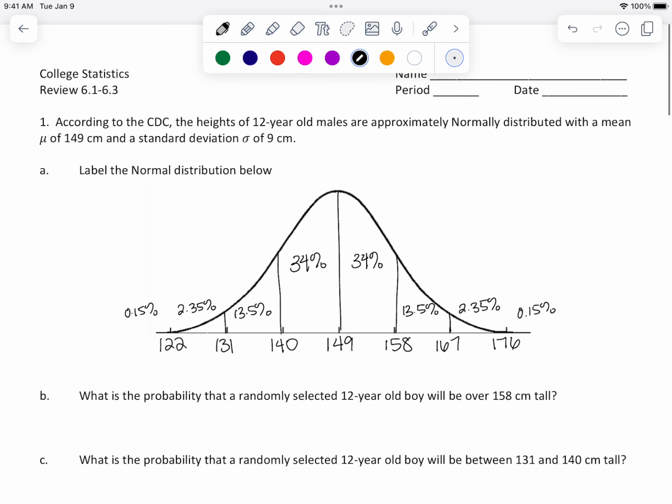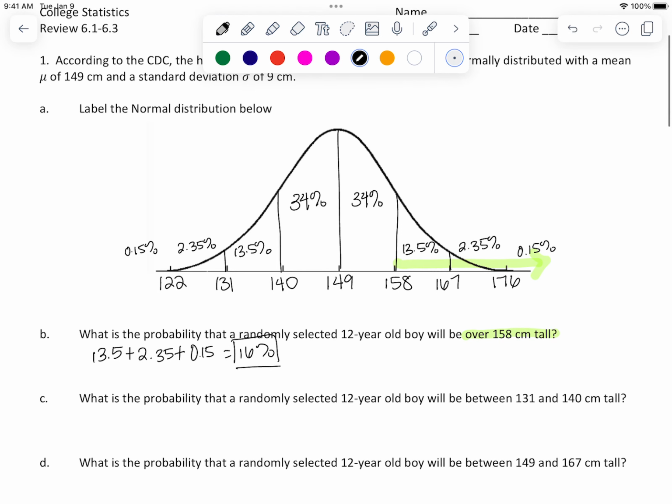Okay, what is the probability a randomly selected 12-year-old boy will be over 158 centimeters tall? So this one I'll highlight over 158 centimeters tall. We're looking from here, 158 and above. So we can take these quantities and add them together. 13.5 plus 2.35 plus 0.15, and that's going to equal 16%.